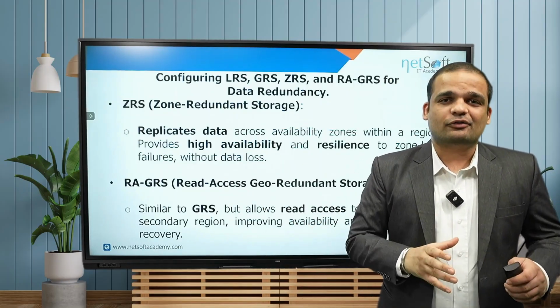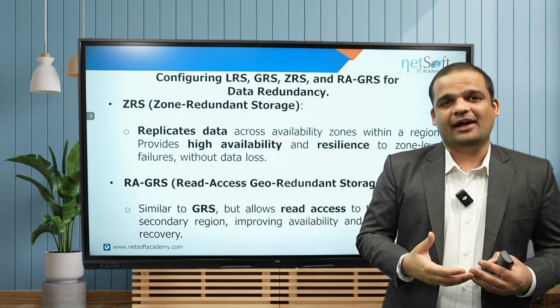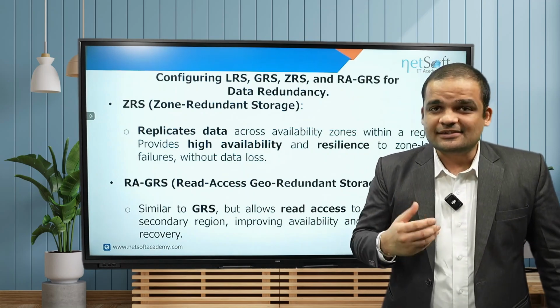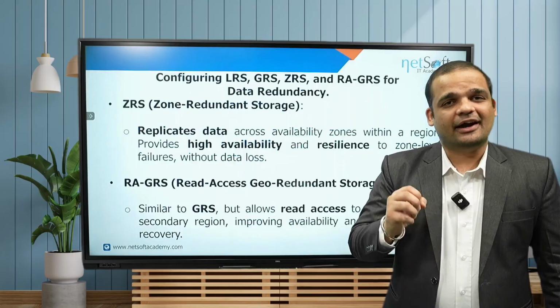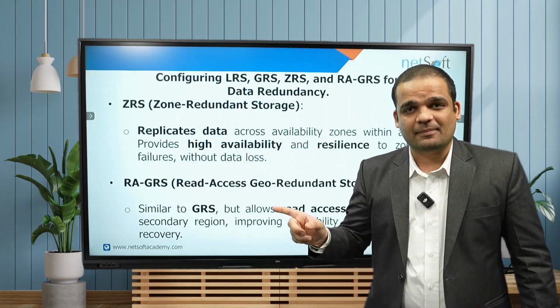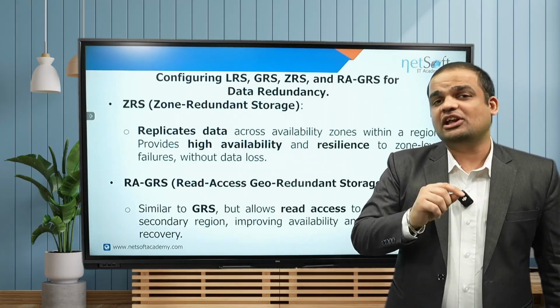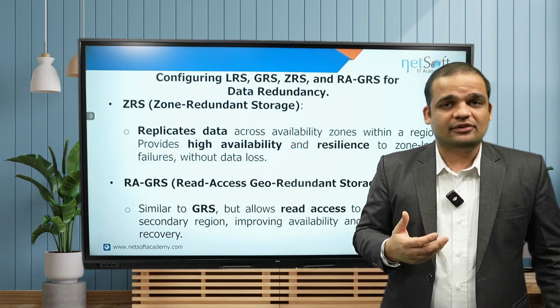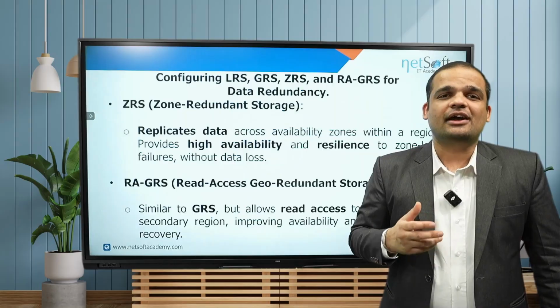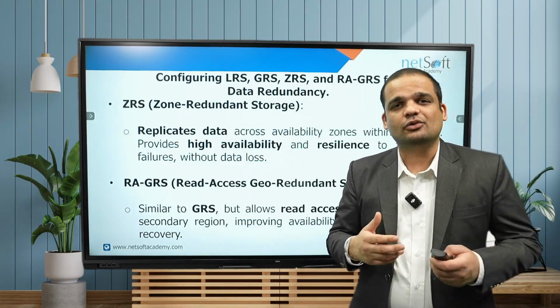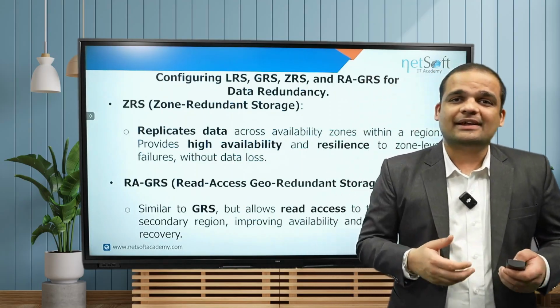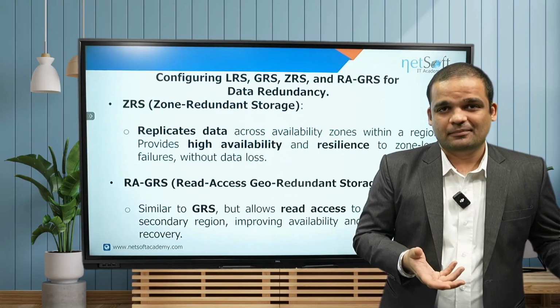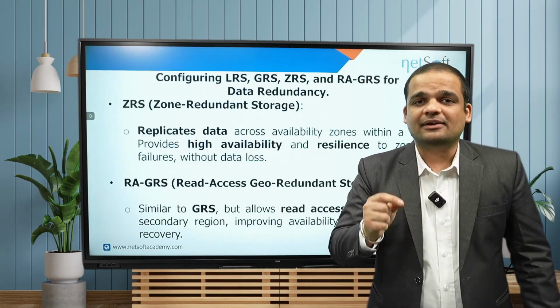This allows for improved availability and faster recovery, since you can actually read data from the secondary region even if the primary region is down. Use case? Well, RAGRS is great for applications that need to read data from the secondary region during the failover, ensuring minimal downtime.